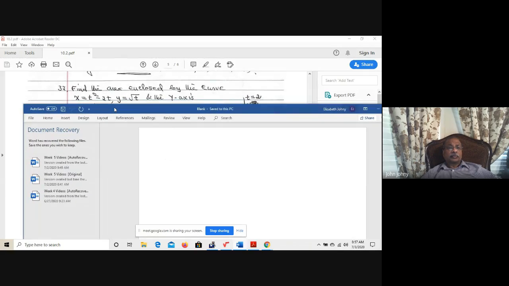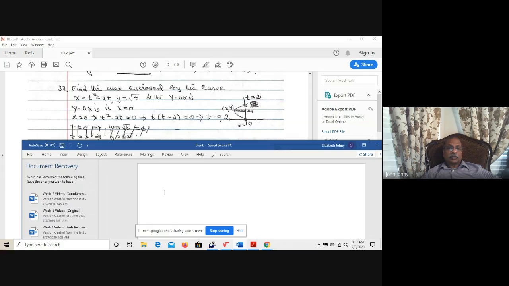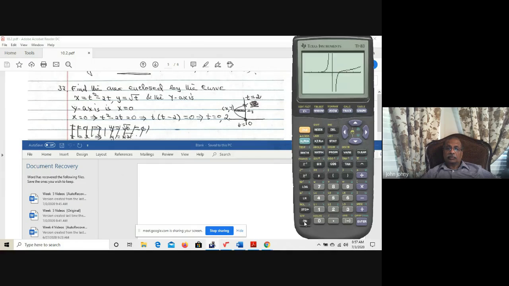Number 32. Find the area enclosed by the curve x is equal to t square minus 2t and y is equal to square root of t and the y-axis. So the graph looks like this. You may see how the graph looks like. Keep the calculator in the parametric mode.